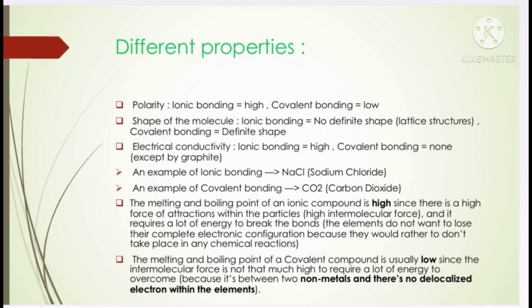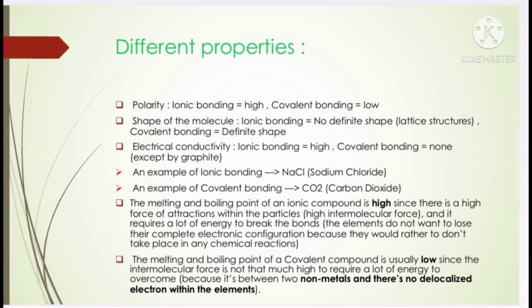Let's talk about their melting and boiling points. The melting and boiling point of an ionic compound is high, since there is a high force of attraction between the particles, those chemical bonds, which we describe as a high intermolecular force. It requires a lot of energy to break the bonds, since there are delocalized electrons within the ionic compounds, as a non-metal and a metal are involved in those bonds.